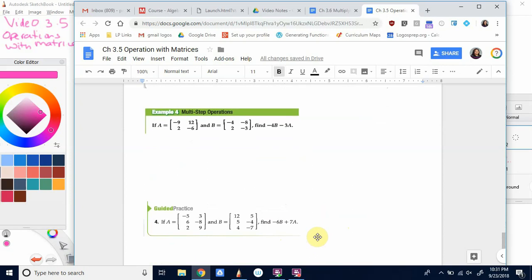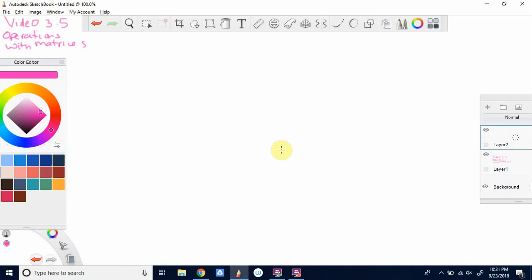Let's look at example 4. If A is this matrix and B is this, find negative 4B minus 3A. So what we're doing here is multiple step operations. We still follow order of operations, PEMDAS. So let's write our problem out first.